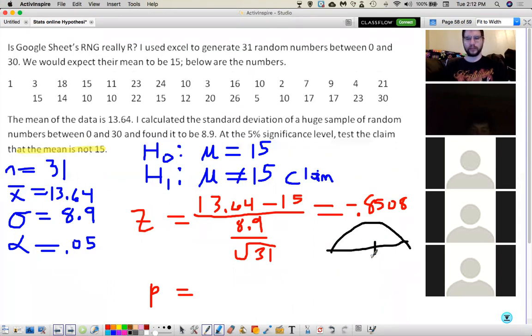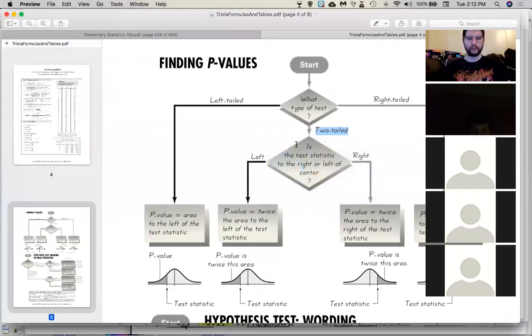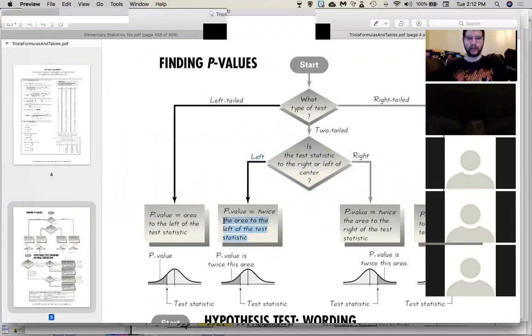Well, my center is always 0. So negative 0.85 would be here-ish. Let me put it in red. Negative 0.85. So that's the left of my center. So if it's the left, I find the area to the left of the test statistic and double it.